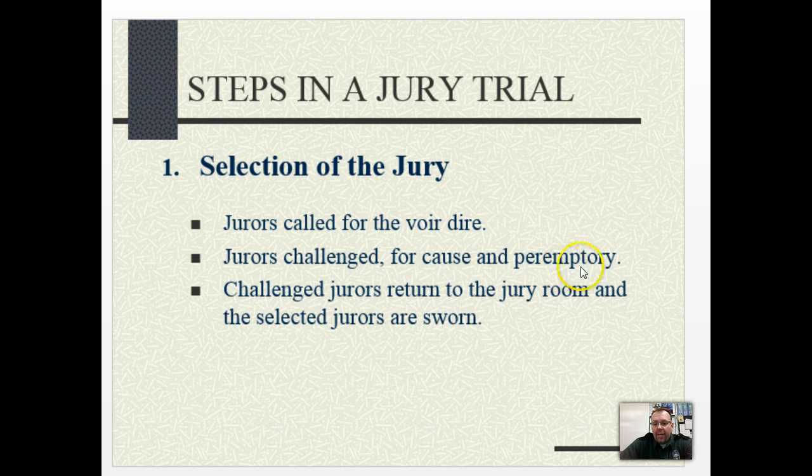The second type is a peremptory challenge, where jurors are removed for some sort of subjective reason. But you also have to know that you cannot be removed based on race, religion, or gender, which makes me think of one of the important Supreme Court cases we covered this year, Batson versus Kentucky, which happened in 1986.